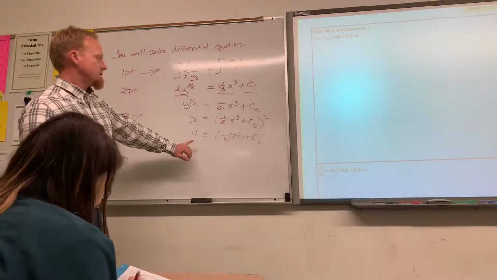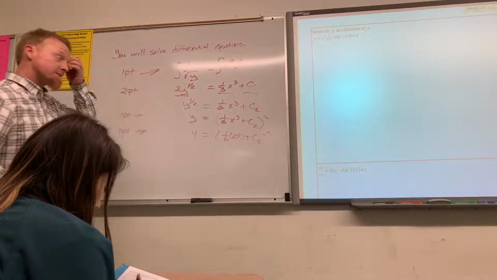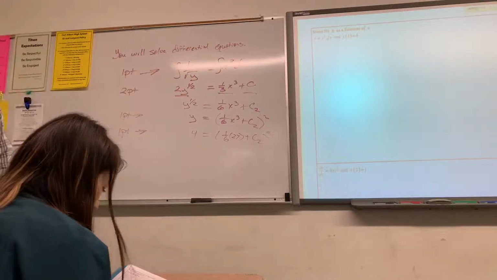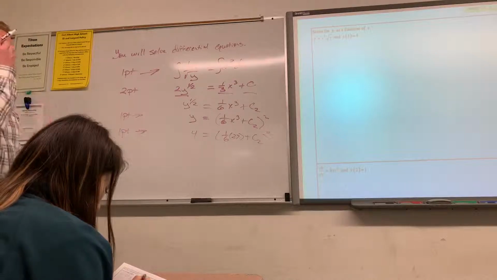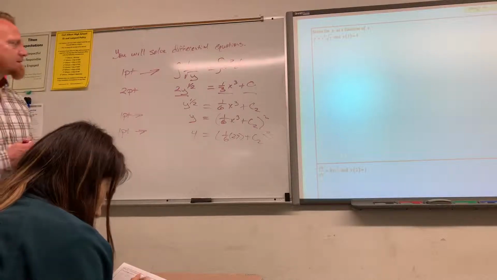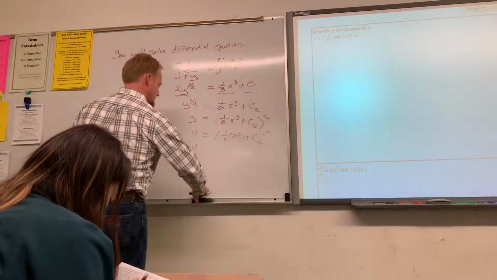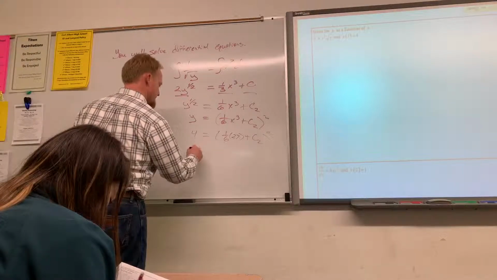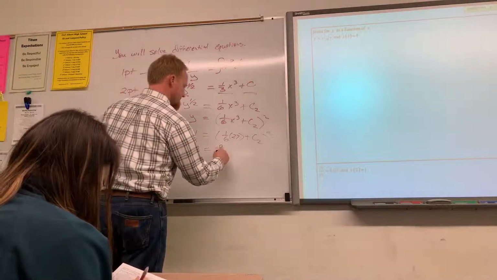Alright, so oh, I forgot the square, thank you. Alright, what's next? Solve for c. What do you want to do to solve for c? Take the square root of 4, which gives me 2. And that reduces to what? 9/2?